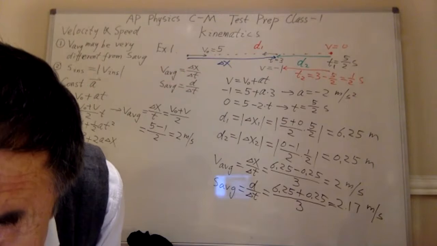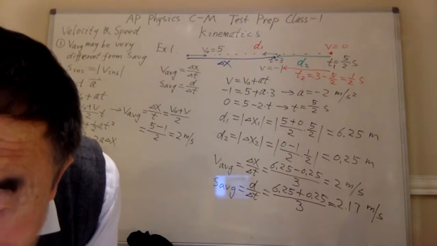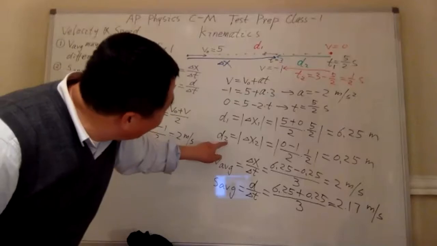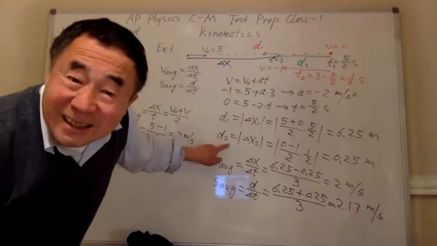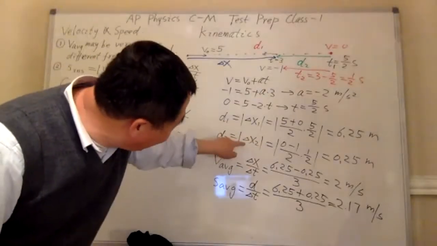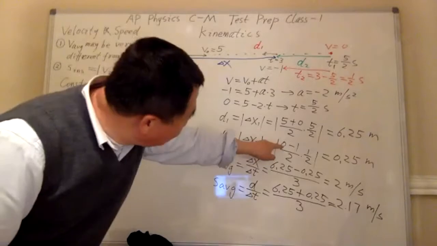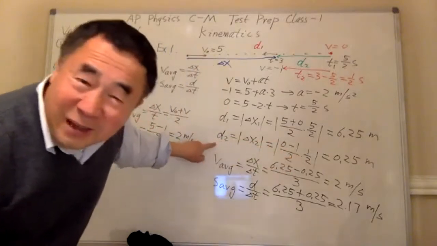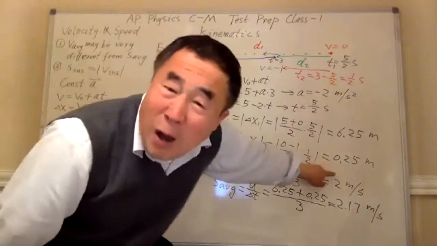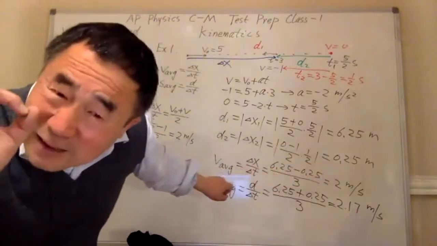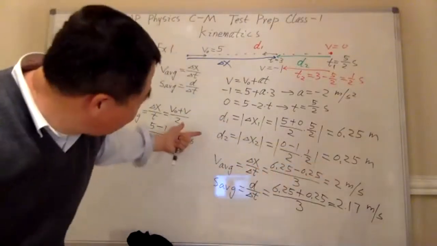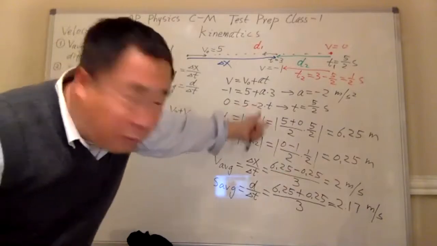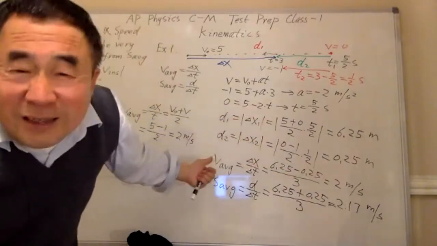Then one student asked if D2 means to be negative. I put D2, I said that's distance. Then I take the absolute value, delta S2. Your delta S2 is negative. But when I count the distance, that's positive, distance is always positive. You say I take the D1, I take the absolute value because that's magnitude.